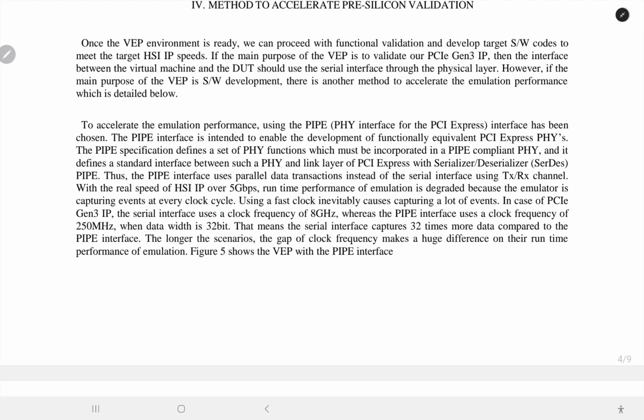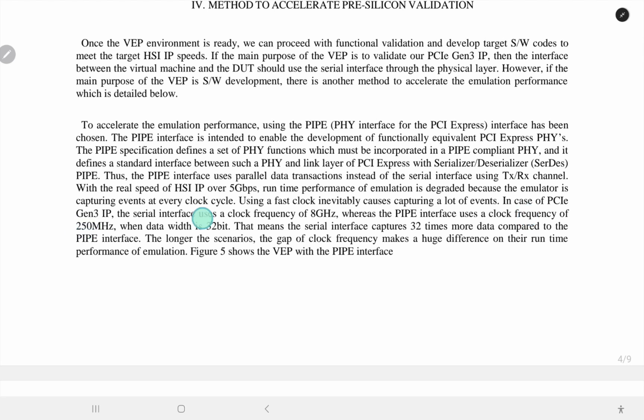Using a fast clock inevitably causes capturing a lot of events. In the case of PCIe Gen3 IP, the serial interface uses a clock frequency of 8 GHz, whereas the PIPE interface uses a clock frequency of 250 MHz.